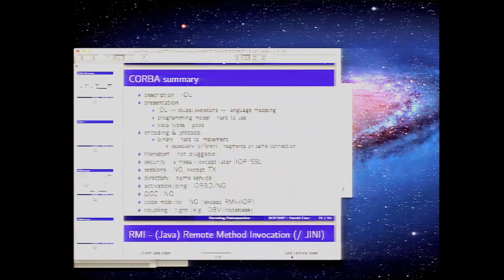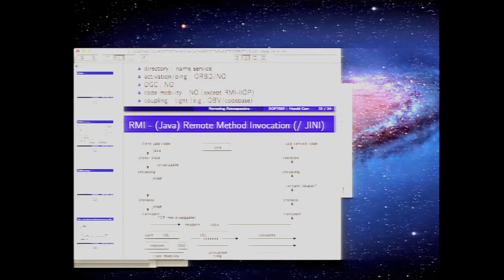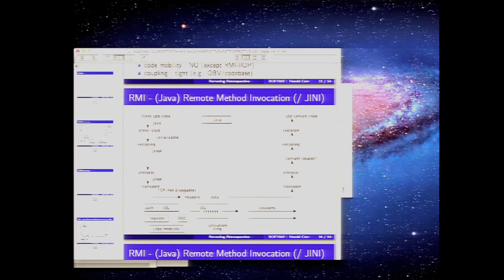Okay, so I think we said that. Let's go on. RMI pretty much was a Java-only version of CORBA or DCOM or any of that. It's object-oriented. You could do it in Java at the top, and what you could send across the wire were the basic types or any object that derived from Serializable.